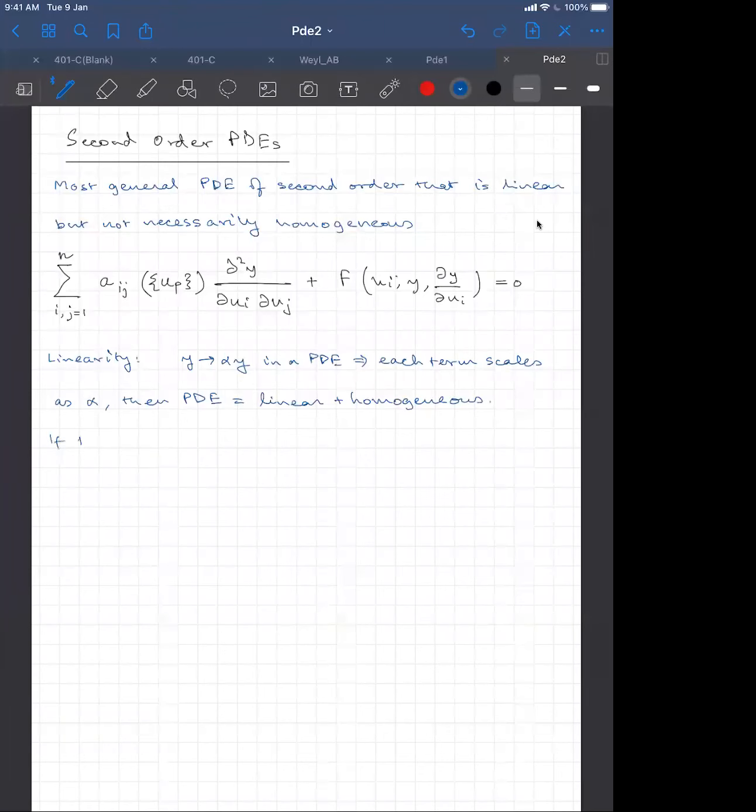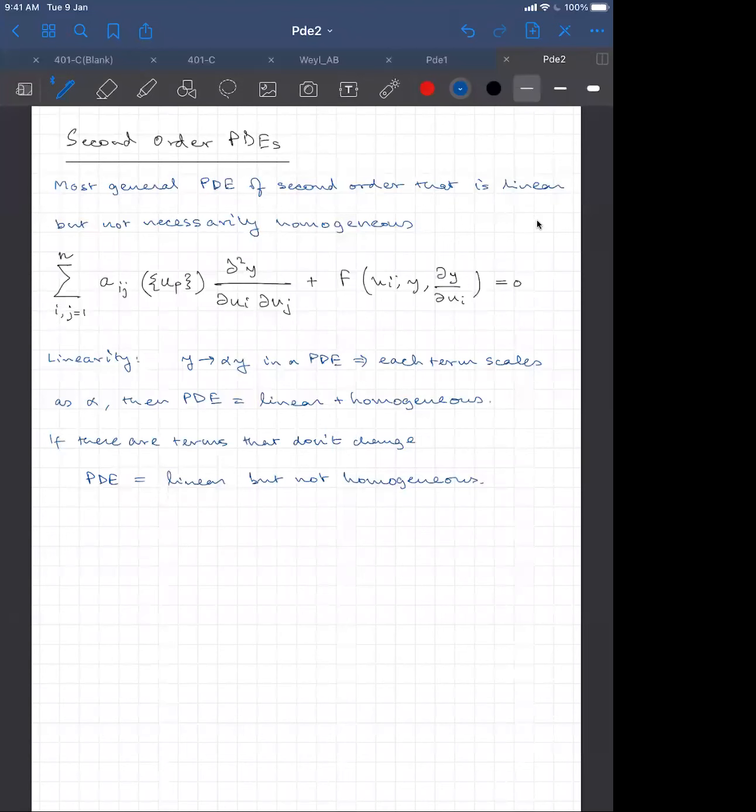If there are terms that don't scale, don't change, then the PDE is linear but not homogeneous. Okay, so that's what we mean.